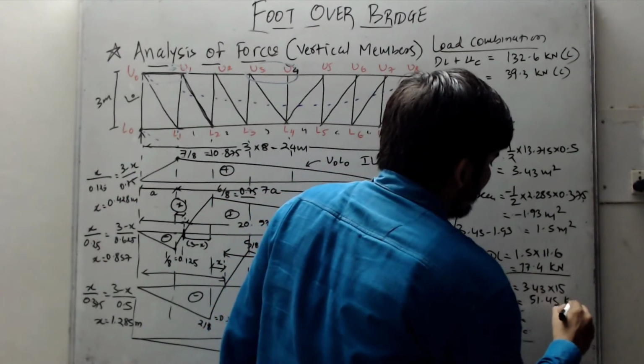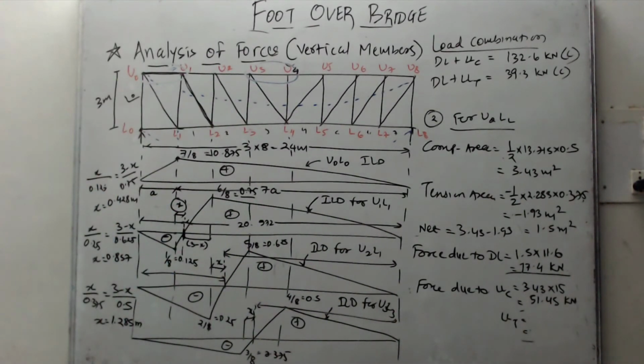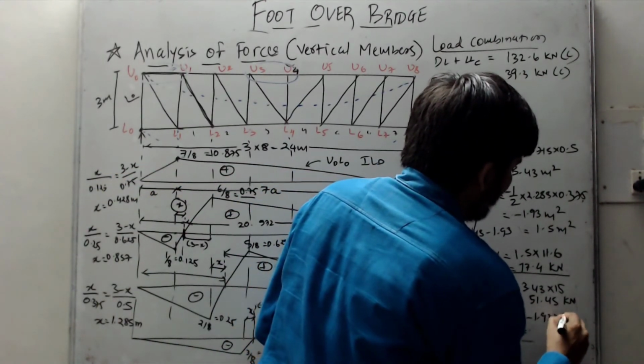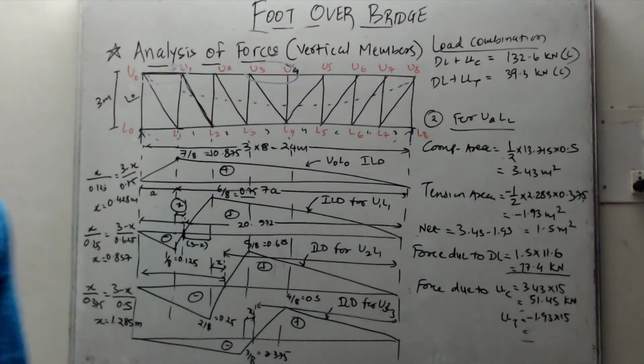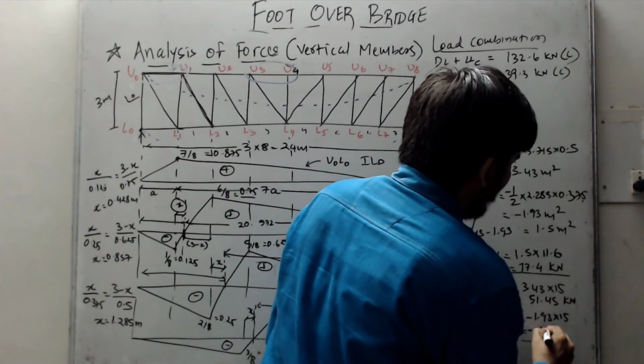And similarly for tension, minus 1.93 multiplied by 15, which becomes minus 28.95 kilonewton.